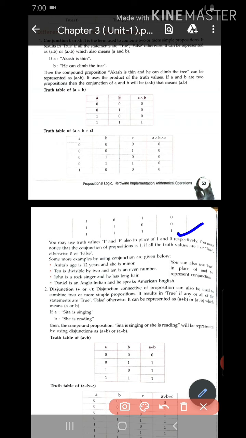Then it is possible. Otherwise not. That's why we are having all other answers 0, means false. And says we want all things together. Means when we are having every condition true, then only and works.